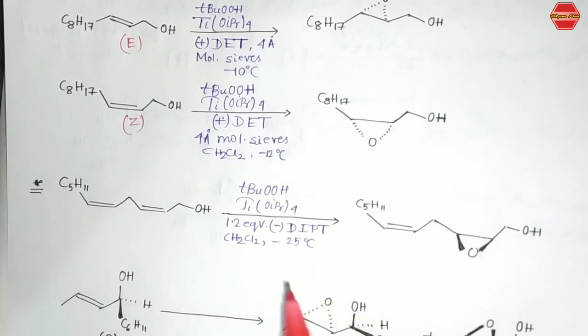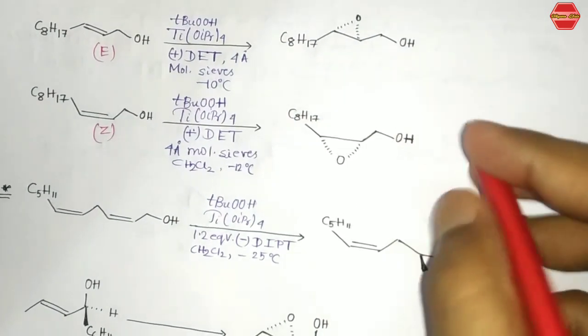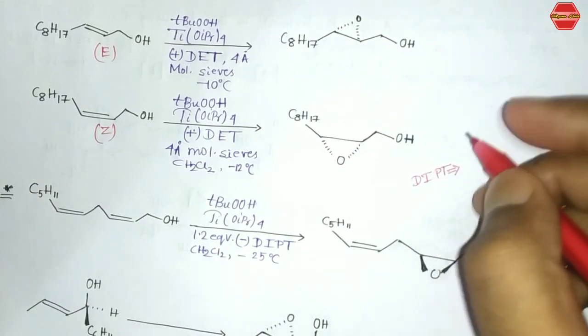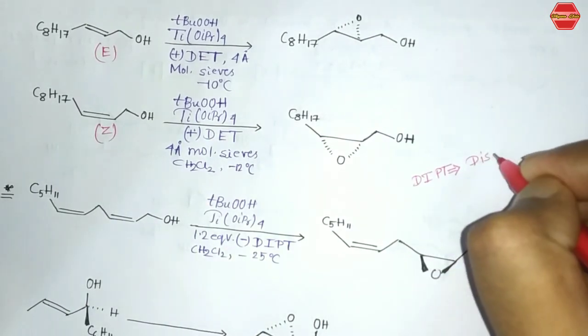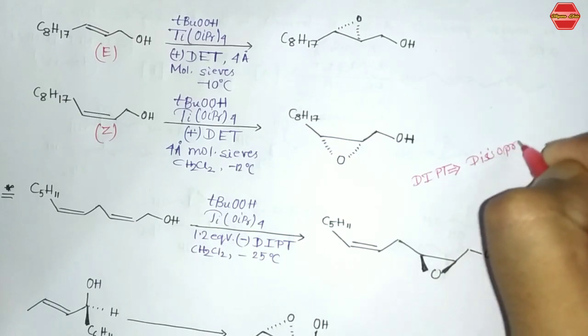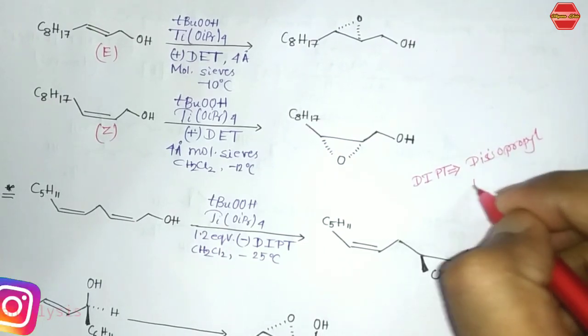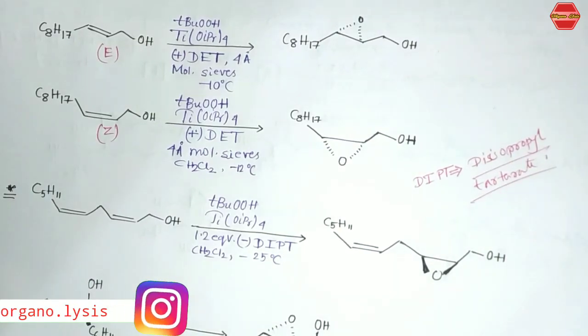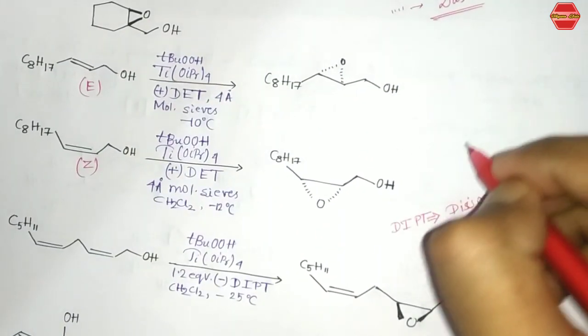DIPT. So what is DIPT? DIPT is diisopropyl tartrate. This is your DIPT. Now what is the structure of this DIPT?